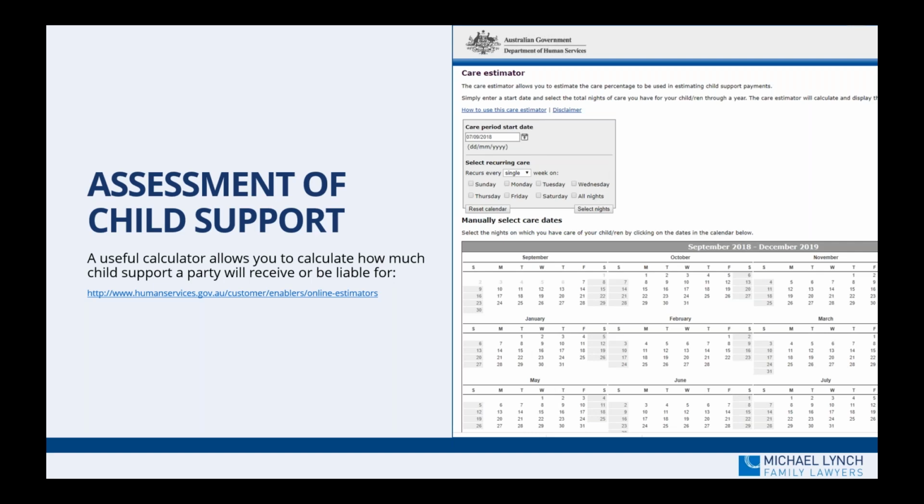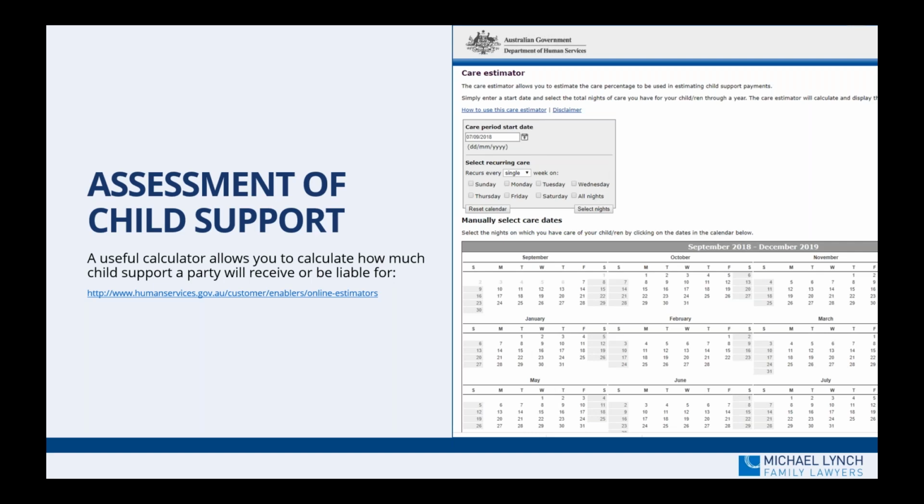Importantly, the website doesn't record any metadata, so parents can use this estimator calculator over and over, putting in different scenarios and different figures and get different outcomes based on that inputted data, and none of it is returned to the department, so they won't be recording it.